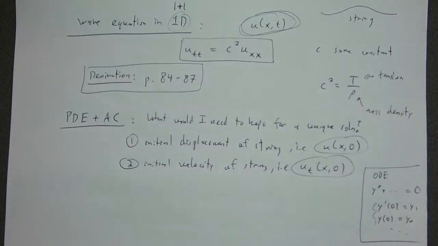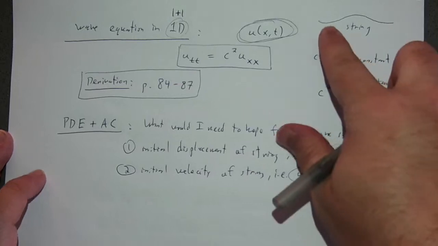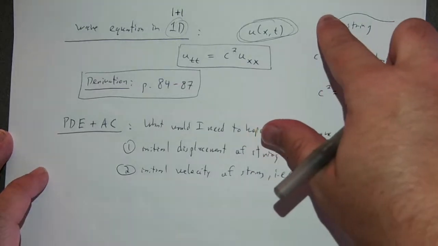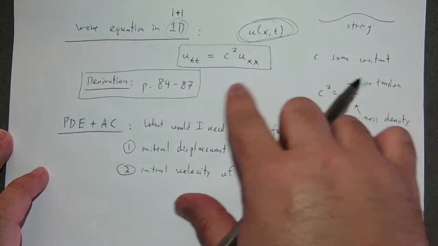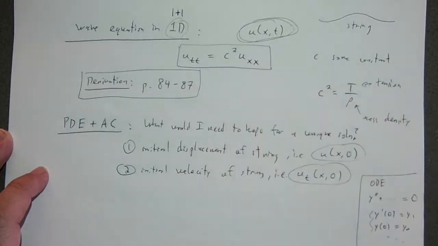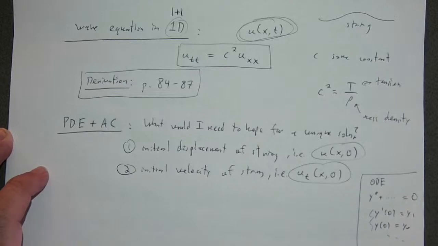And so the question is, if this u is measuring displacement, then when I say we're modeling the propagation of some disturbance through the string, what is it that is propagating here?